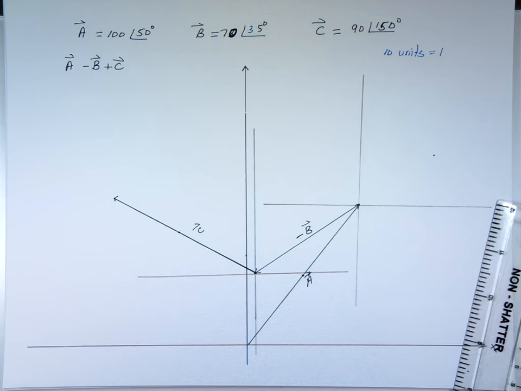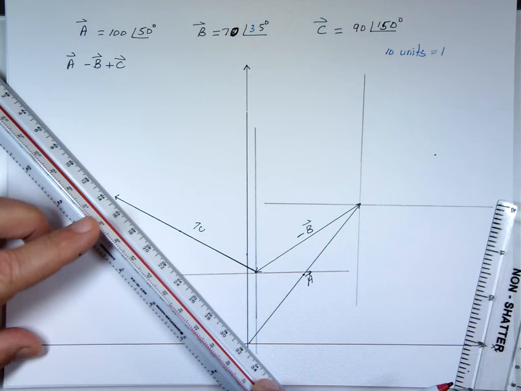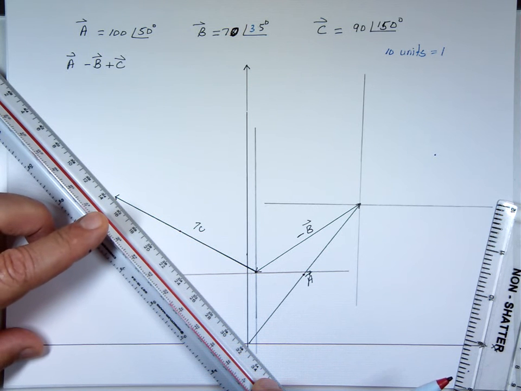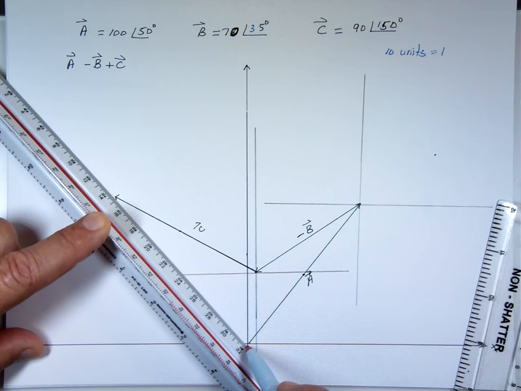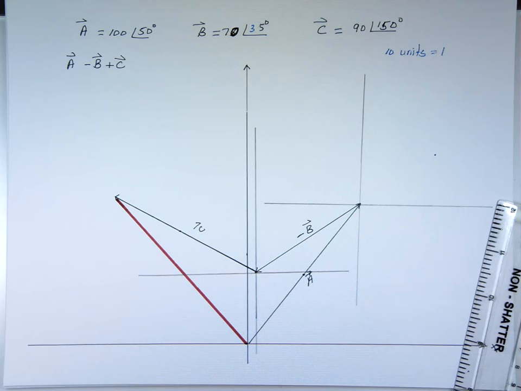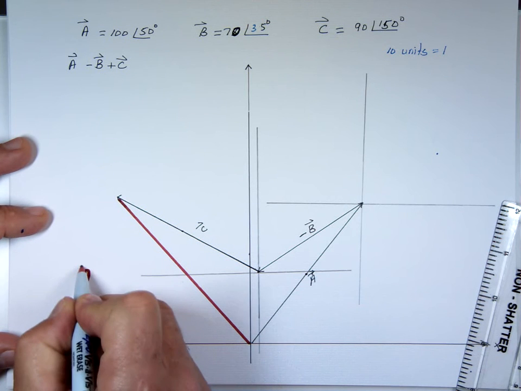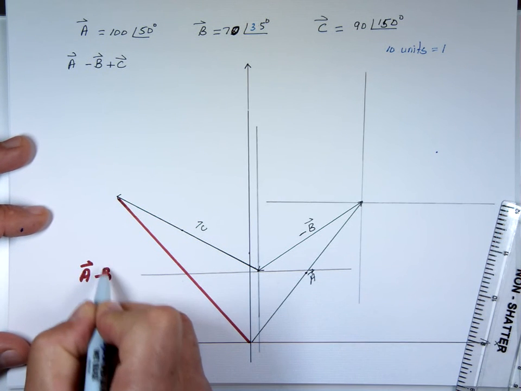So what's my answer to these vectors? A plus B minus C. Here's my answer. You start from the origin all the way to the end of the last one. So this red vector is the resultant.